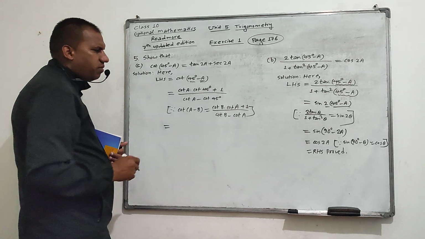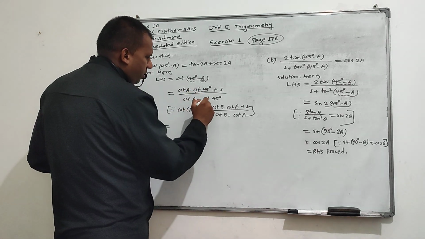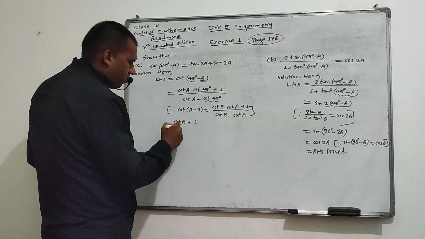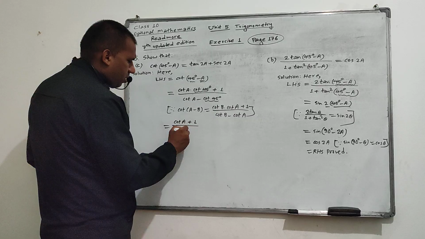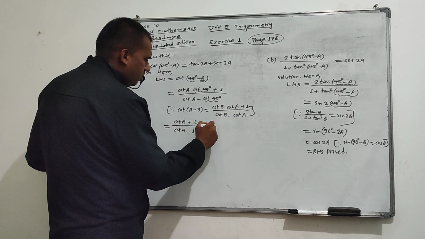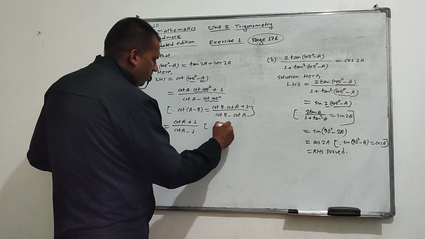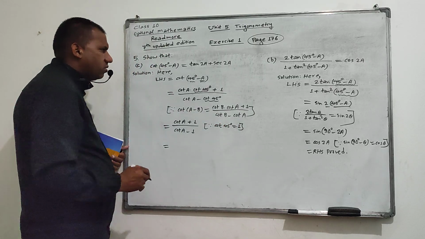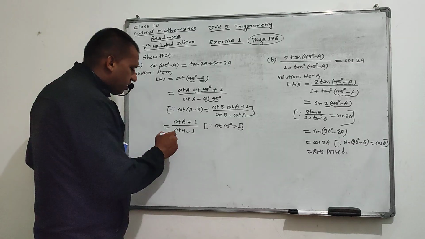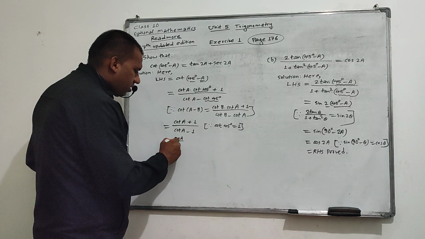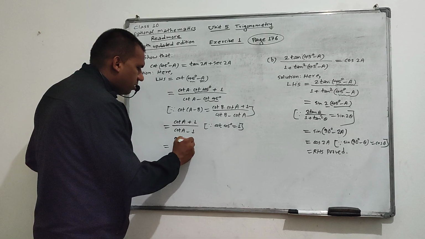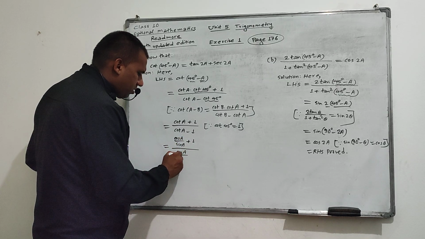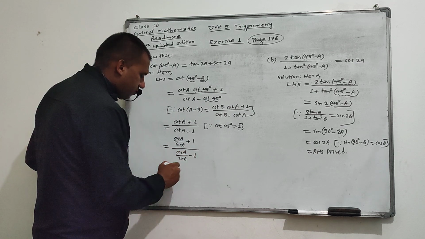Now we know that cot 45 degree, its value is 1. So it becomes (cot A plus 1) whole upon (cot A minus 1), because cot 45 degree equals 1. Now changing into sine and cos first, cot A is cos A by sin A, so (cos A by sin A plus 1) upon (cos A by sin A minus 1).